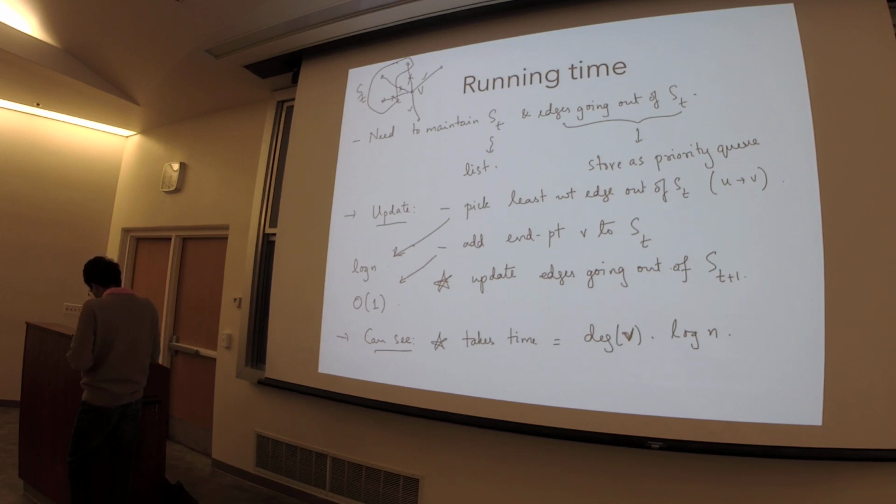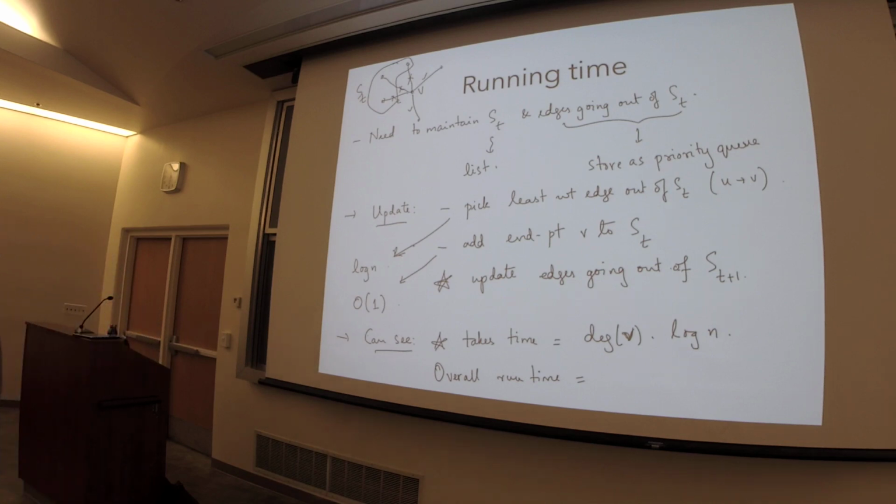And so the overall running time turns out to be, so what is now the overall running time? Yeah, so it's the sum of the degrees of all the vertices. Because each time you add one vertex and you pay cost equal to log n times its degree.